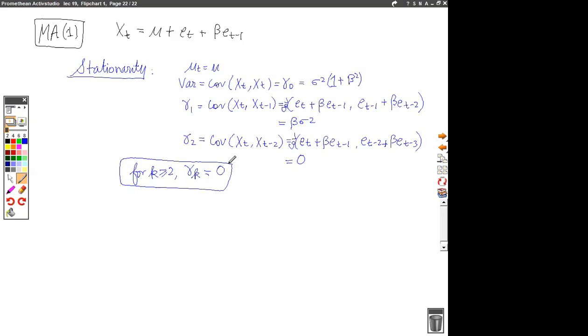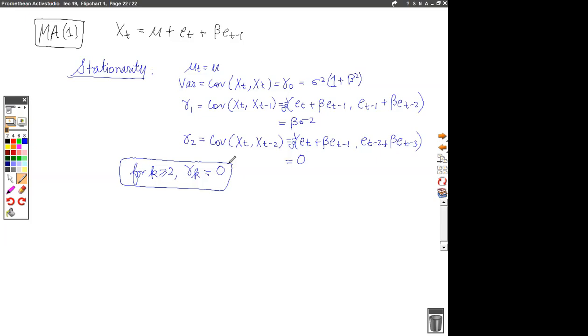This is a very, very important result in time series and also for the next chapter, I would say. Because whenever you are given data, you always have a sample and you plot its ACF and PACF, and then you decide which model you are going to use.